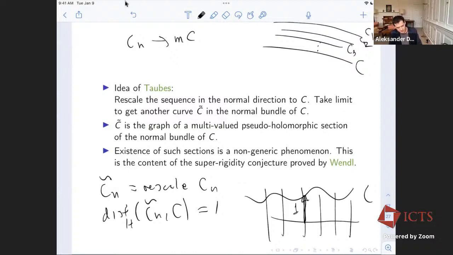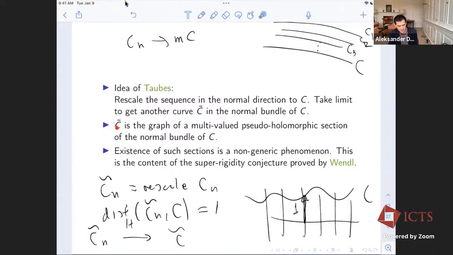Now you can do this trick again: C_n tilde is a sequence of currents that have bounded area. So again, after passing to a limit, you get a limit of the form some other multiplicity times C tilde.